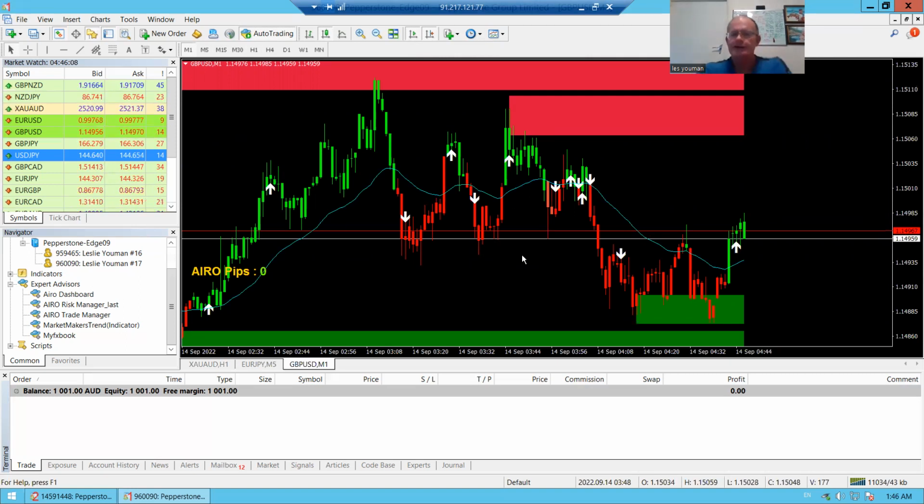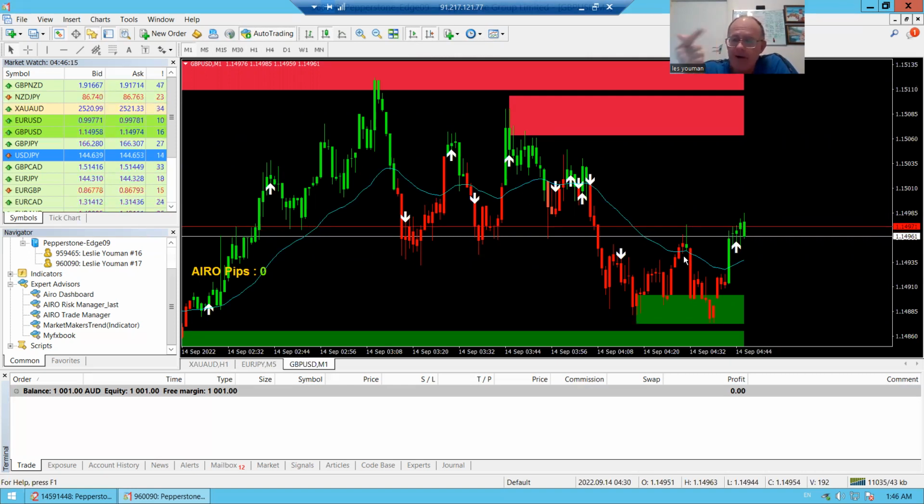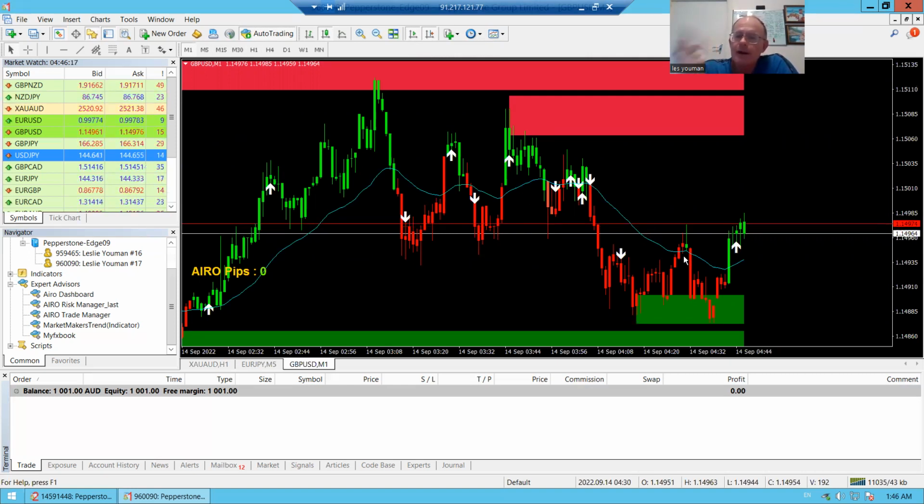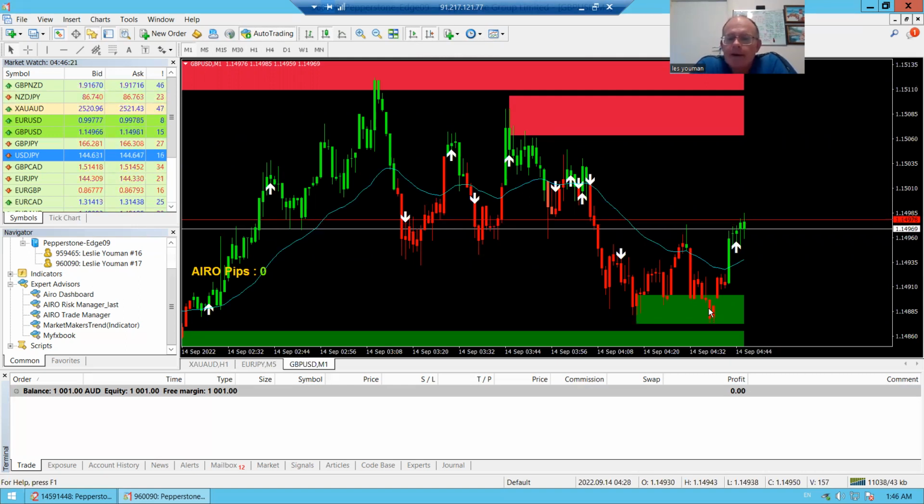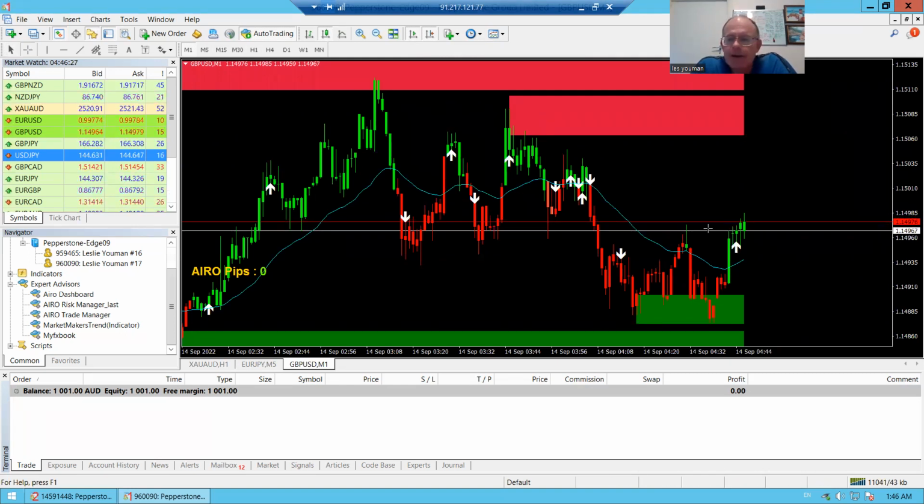Okay, this one's more interesting. We have recently, let's remember the bag entry, bounce off support or resistance. You get an arrow. Then if you've got enough room, you go for the trade. So straight up here, we have bounced off support. We've got an arrow. Make sure you actually measure it though.